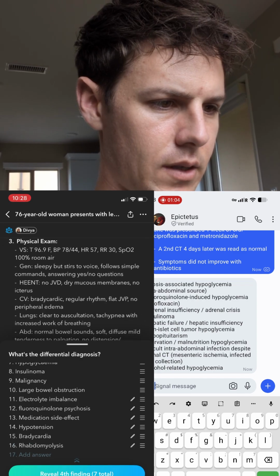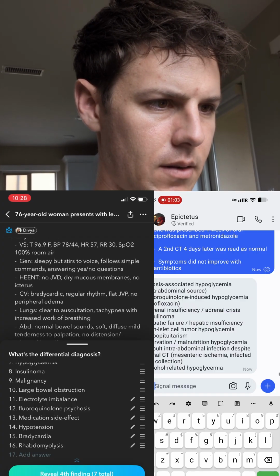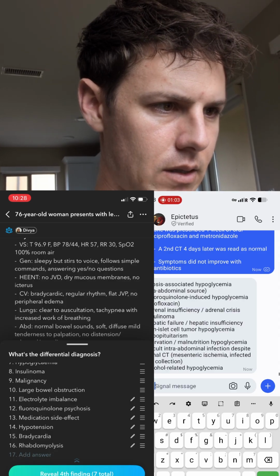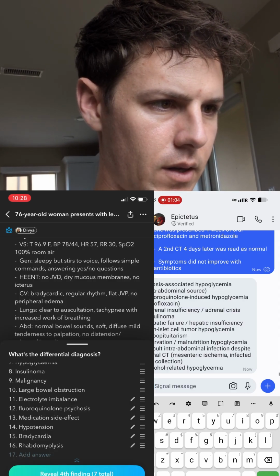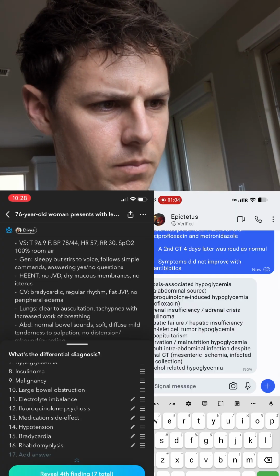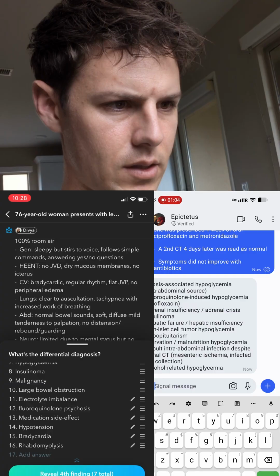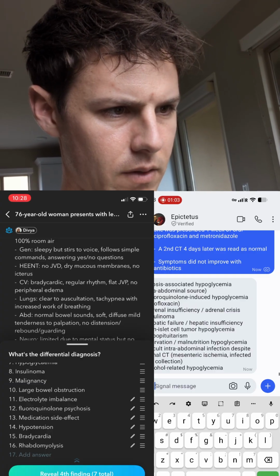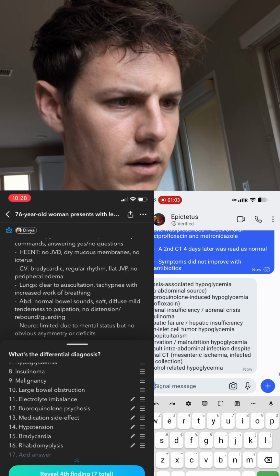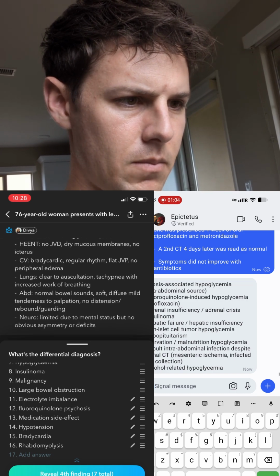All right, physical exam. Vital signs show temperature of 96.9, blood pressure 78 over 44, yikes. Heart rate of 57, respiratory rate of 30, saturating 100% on room air. In general, she appears sleepy but stirs to voice, follows simple commands, answering yes/no questions. HENT, no JVD, dry mucous membranes, no icterus. CV, bradycardic, regular rhythm, flat JVP, no peripheral edema.